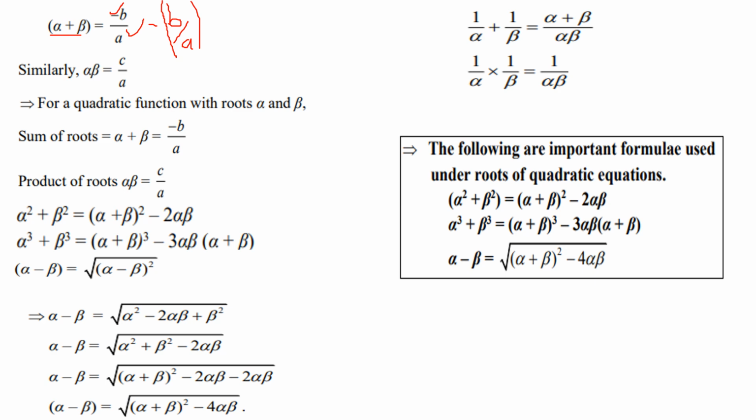So the product alpha beta is going to be equal to c over a. So proceeding, for a quadratic function with roots of alpha and beta, that means that our sum of roots alpha plus beta is always going to be negative b over a, and our product of roots is always going to be c over a.